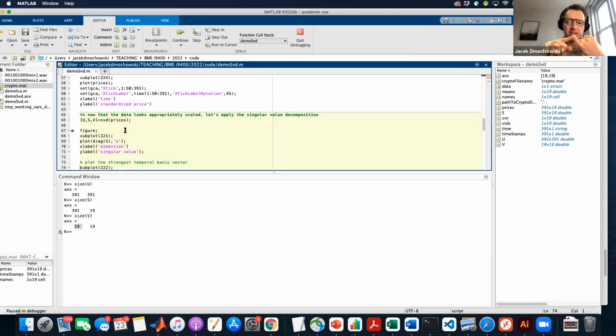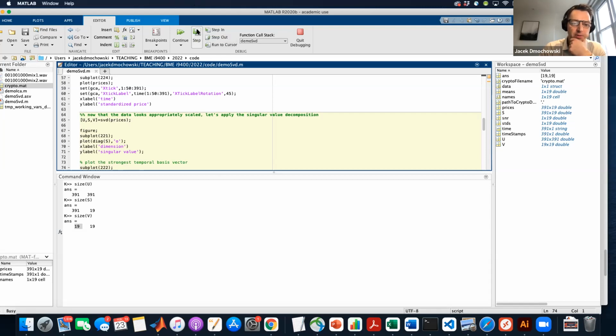Not every matrix has an inverse, but every matrix has an SVD. And so it's probably the most widely performed operation, and it can be used as part of the computation of many other algorithms.